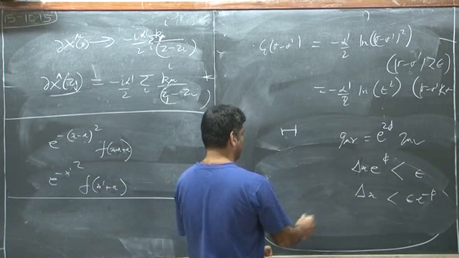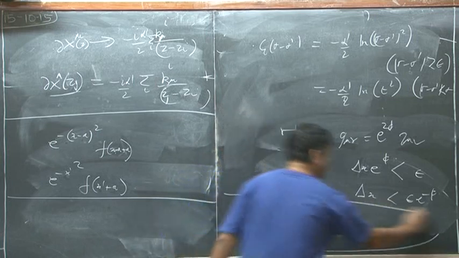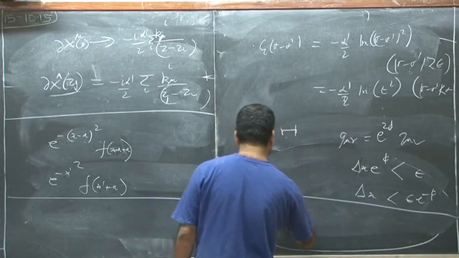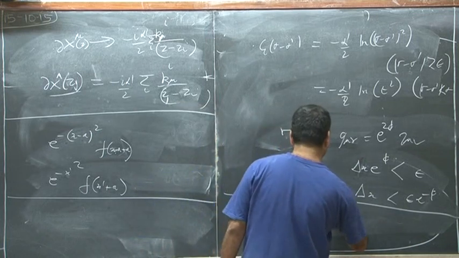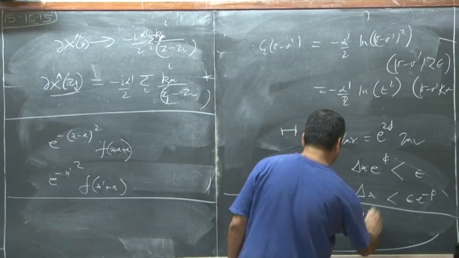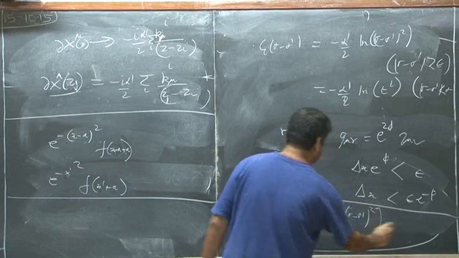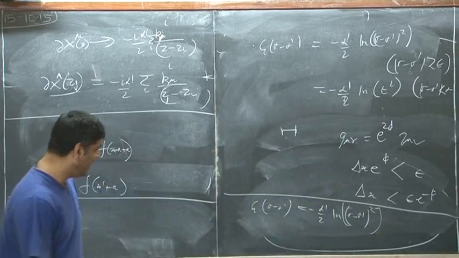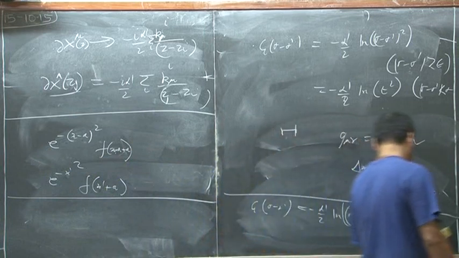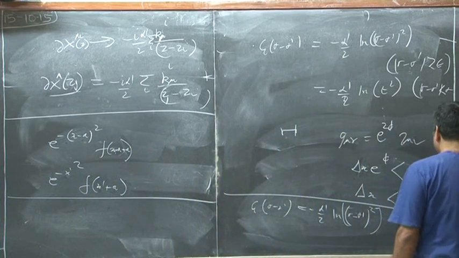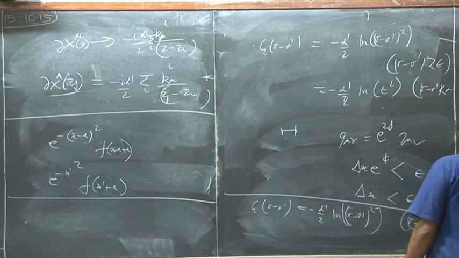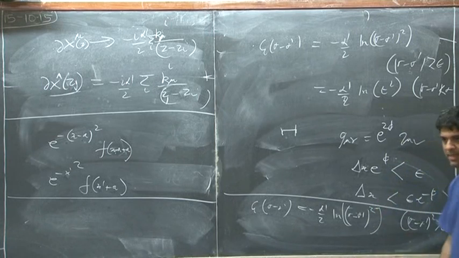So suppose we had that, so now let's try round 2. G of sigma minus sigma prime is equal to minus alpha prime by 2 log of sigma minus sigma prime the whole thing squared, for sigma minus sigma prime squared greater than epsilon e to the power minus phi.